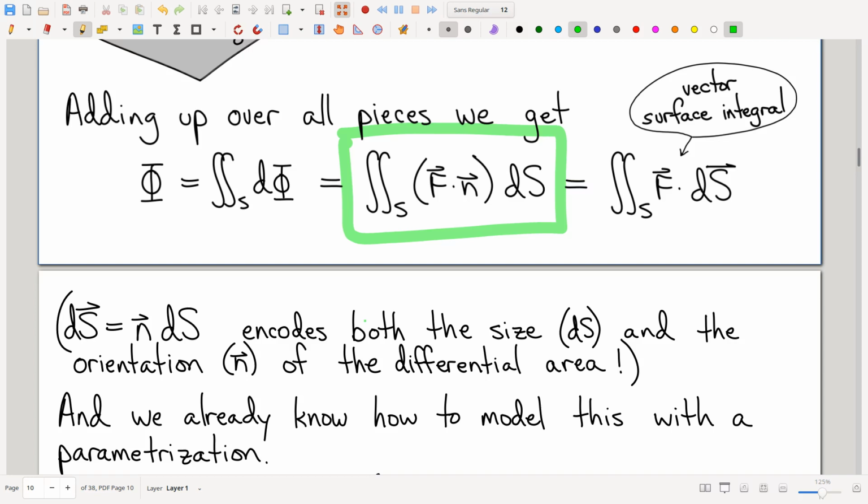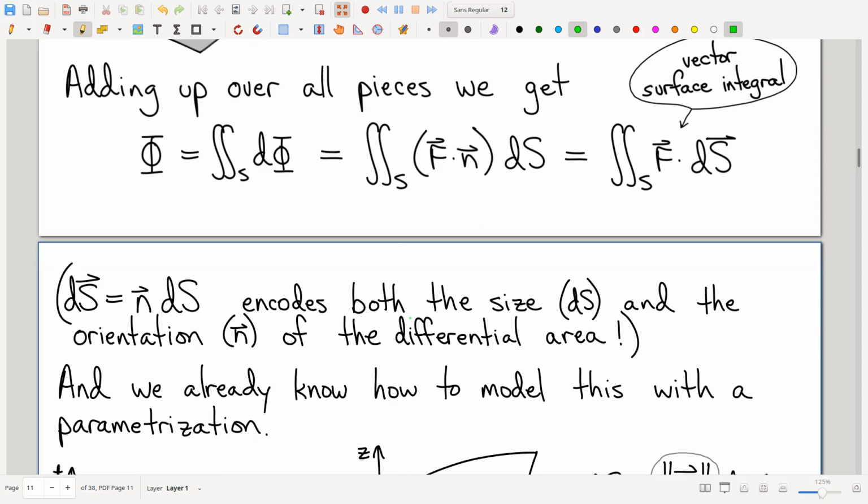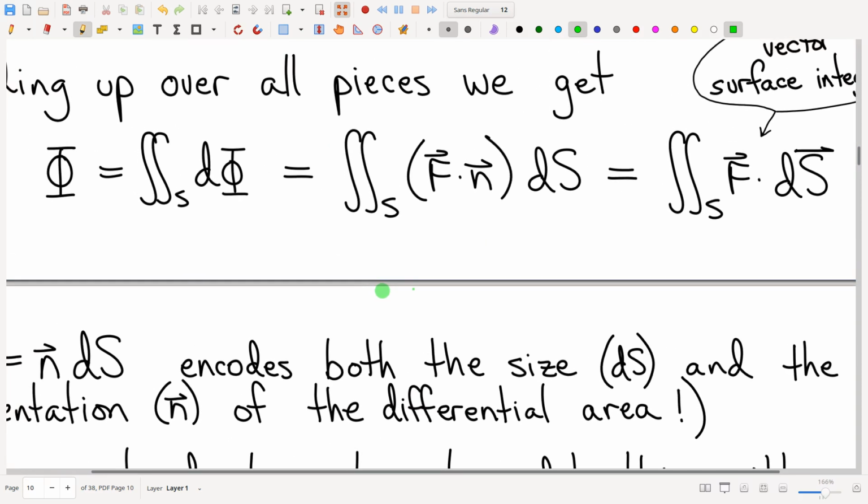So here's what I suggest we do. I want to flash back real quick to stuff that we wrote down when we were doing vector line integrals. In particular, we were computing work. We argued that the whole was the sum of the parts.